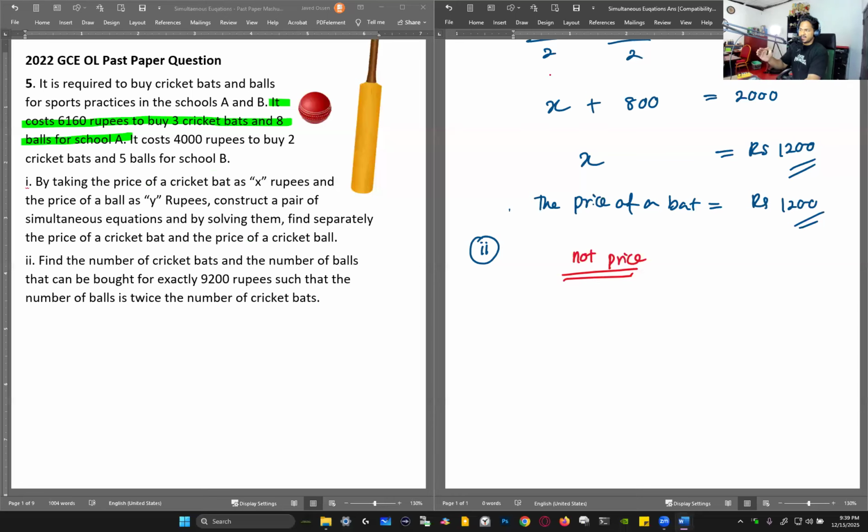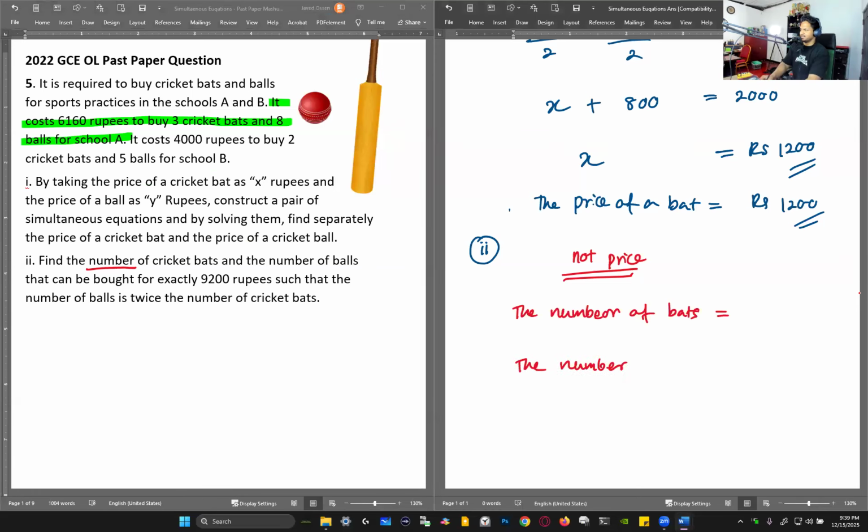Here they're asking you about the... Can you read this very carefully? Part 2, what are they asking you about? The number, exactly. So the number of bats equals something, something. Then the number of balls.